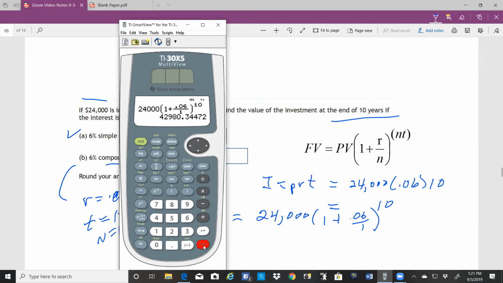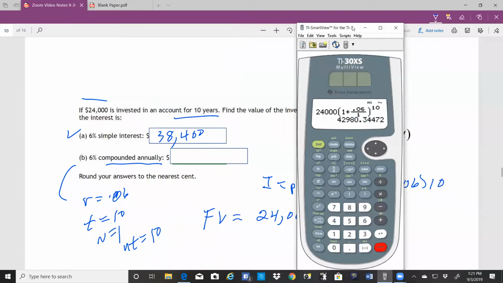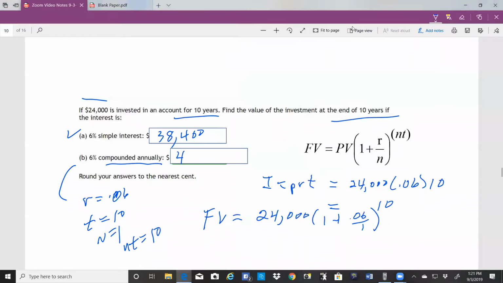It says the amount is going to be $42,980.34. And notice with the compounding, you get quite a lot more at the end of the 10 years.